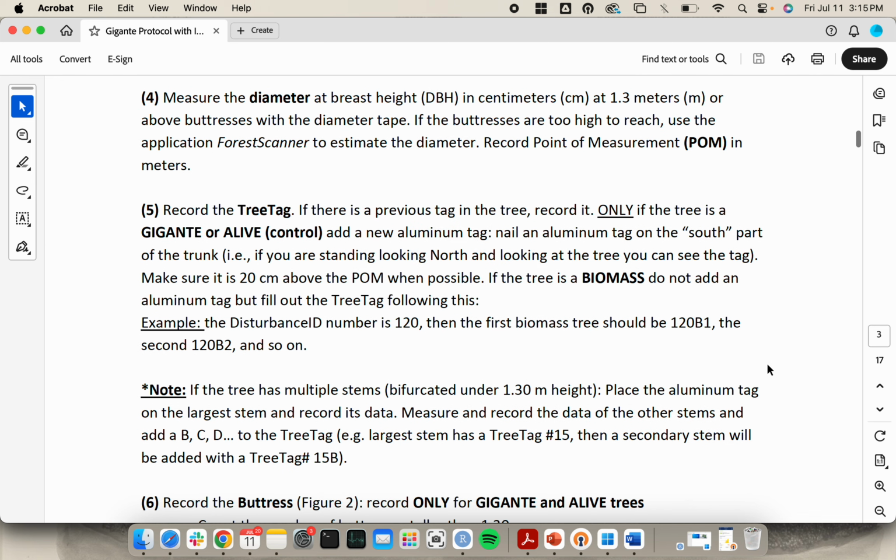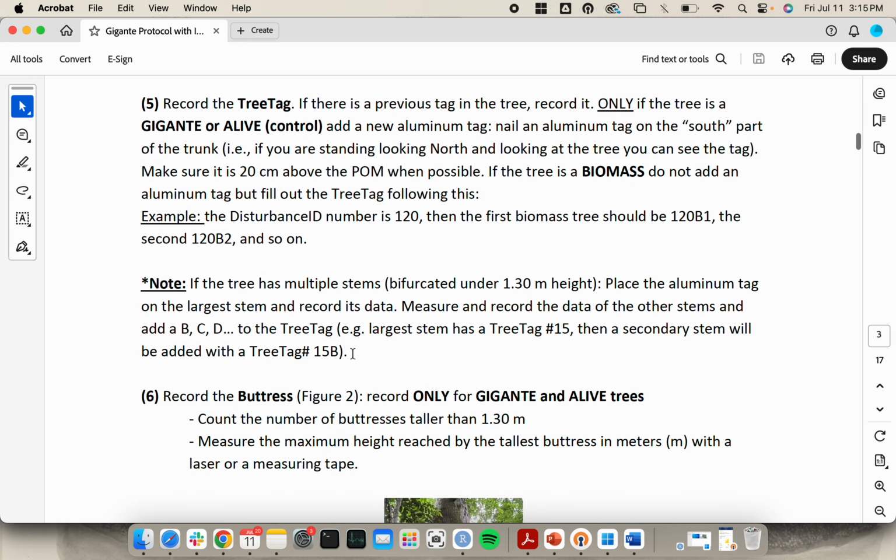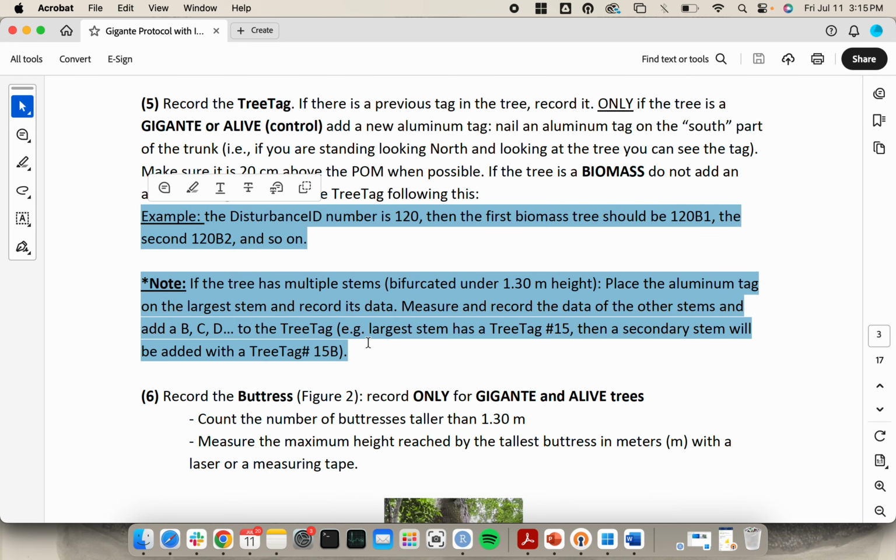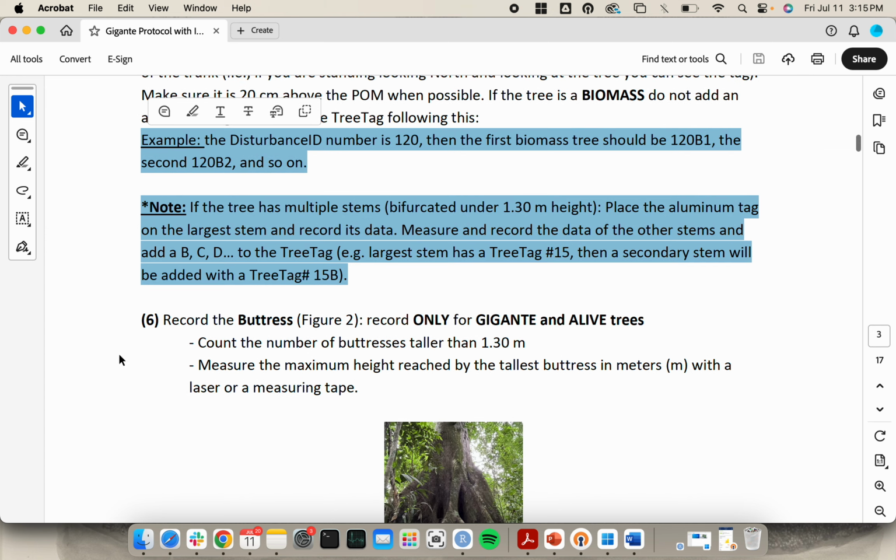You already have this. And if it's a biomass tree, you don't add any aluminum tag. This is other information about how to add tags depending if the tree has multiple stems, so you should read this as well.